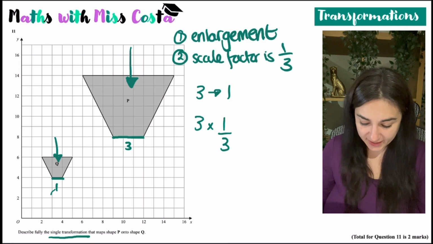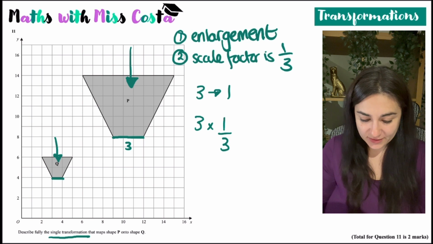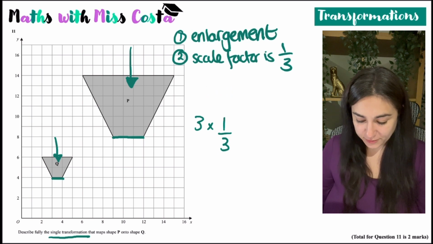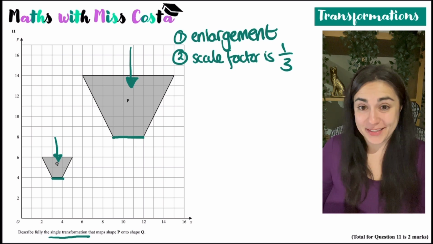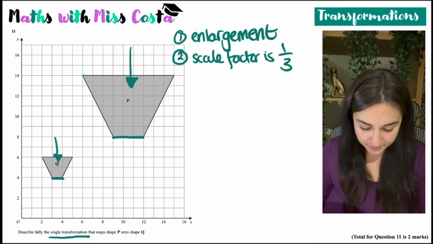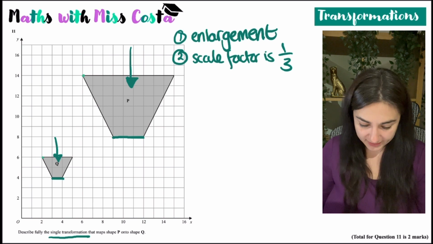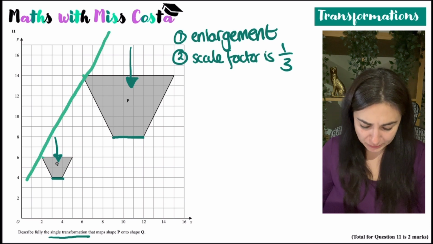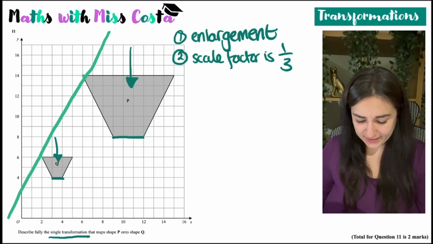So you get your scale factor, and then the next thing we do is find our center of enlargement. I'm going to try and do this as carefully as I can. You get a ruler and you connect each corresponding point. That's not very good.